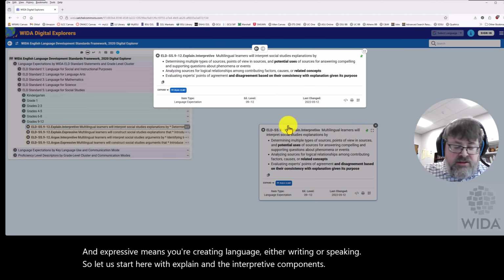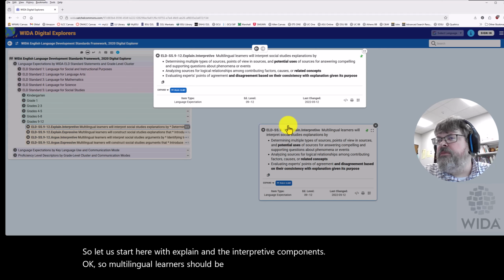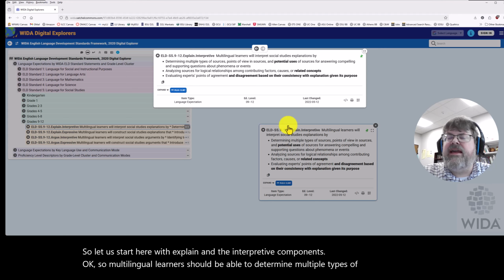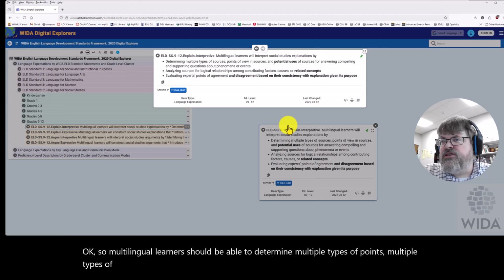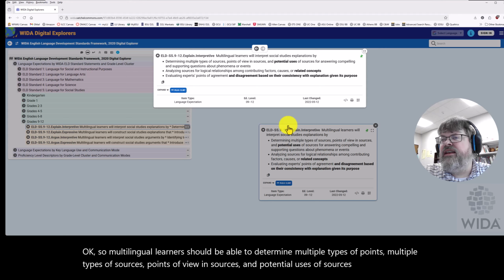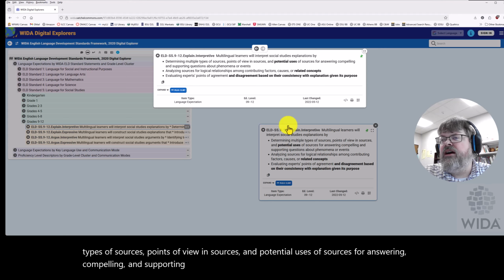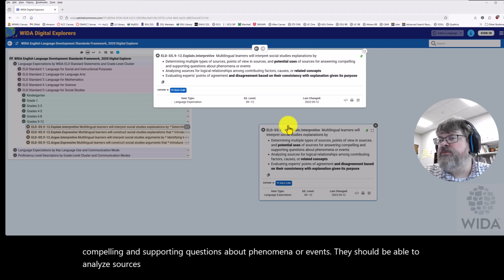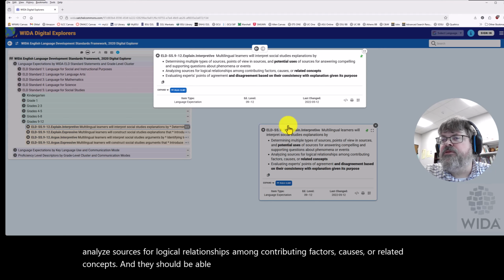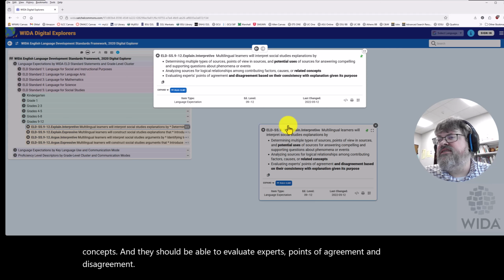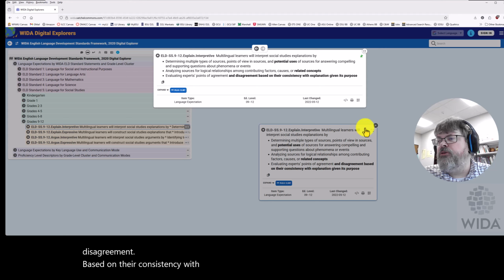Multilingual learners should be able to determine multiple types of sources, points of view in sources, and potential uses of sources for answering compelling and supporting questions about phenomena or events. They should be able to analyze sources for logical relationships among contributing factors, causes, or related concepts, and they should be able to evaluate experts' points of agreement and disagreement based on their consistency with explanation given its purpose.